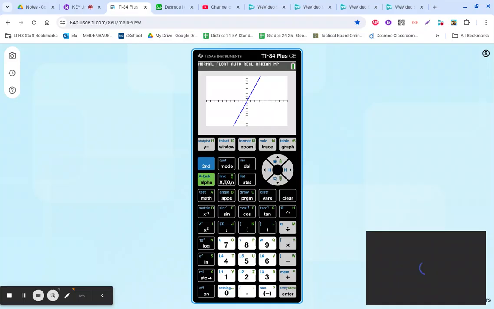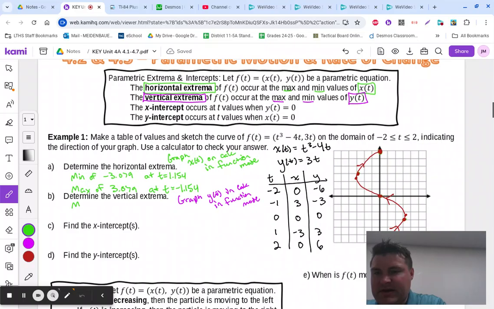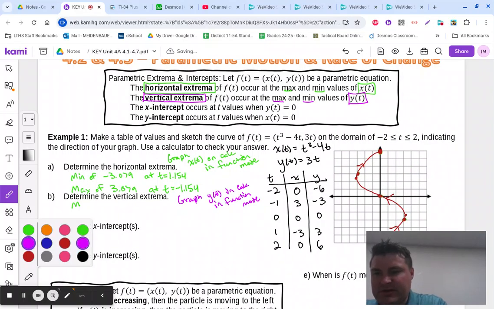It just produces a line. So the maximum is going to be the last t value, and the minimum is going to be the first t value. So I can just go right ahead to here. So we're going to have a min. Oh, I want to do this in purple, actually. Minimum of -6, and that is at t equals -2.